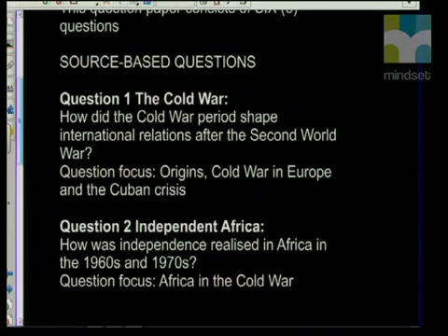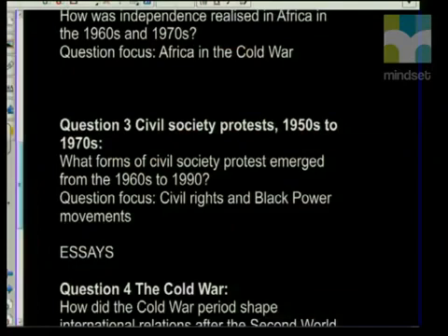And then question 2 is independent Africa. How was independence realized in Africa in the 1960s and 70s? The focus there will be Africa in the Cold War. So you get to choose either the Cold War or independent Africa. Again, please make sure you don't do both. And then the third question under source-based questions is civil society protests.